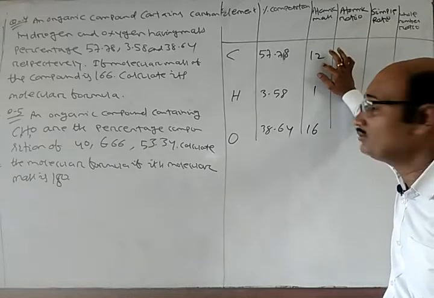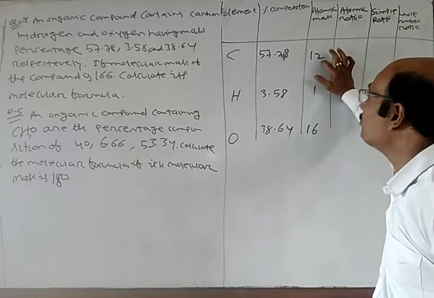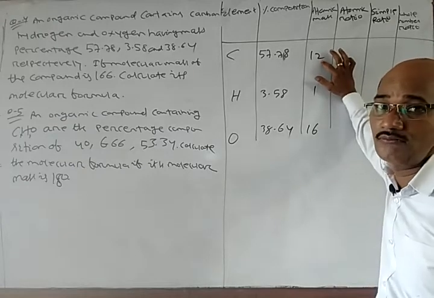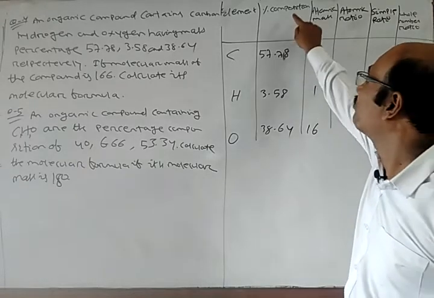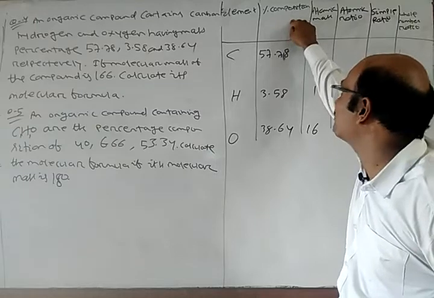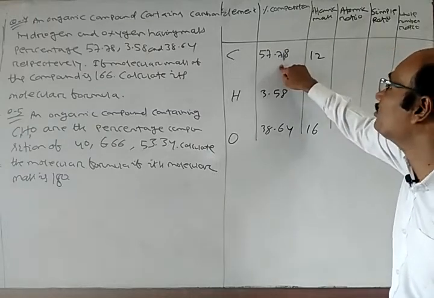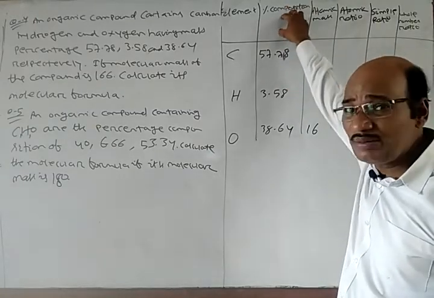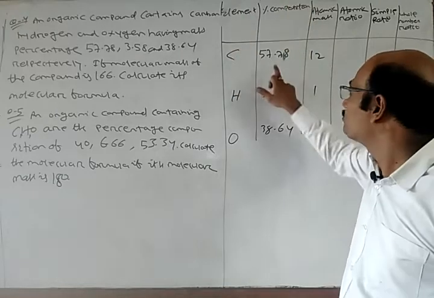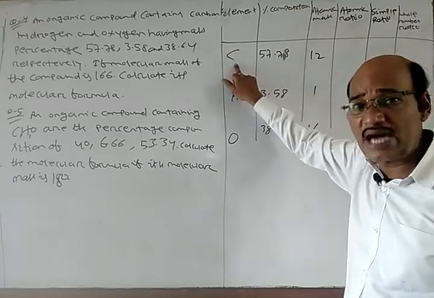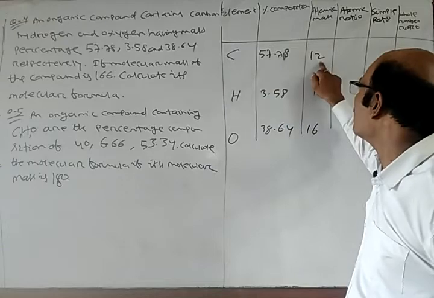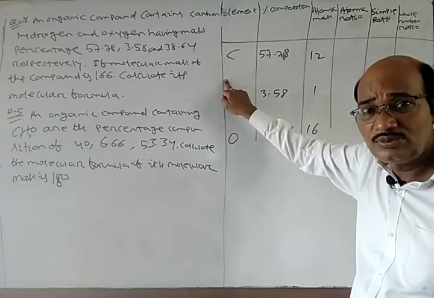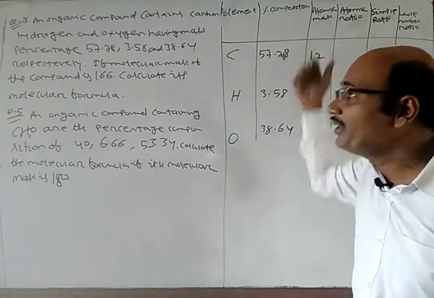Okay. Now see, the atomic mass of carbon is 12. So when I have 12 gram, the number of atoms of carbon is 1. Now here the given percentage composition of carbon is 57.78%. That means when we have 100 gram of substance, we have 57.78 gram of carbon, and we know 12 gram of carbon equals 1 carbon atom. So how many carbon atoms must this be?